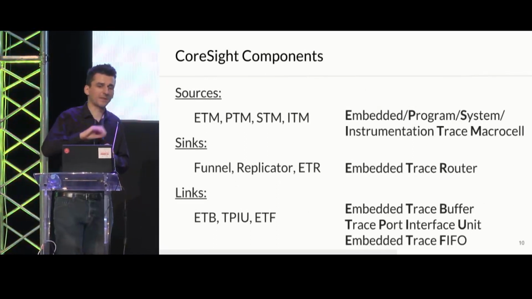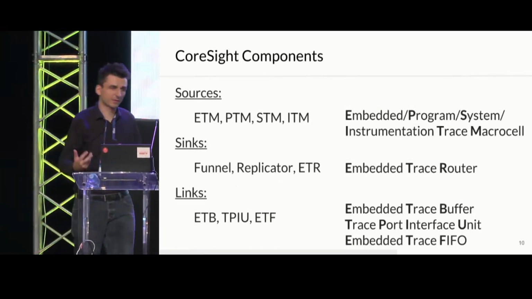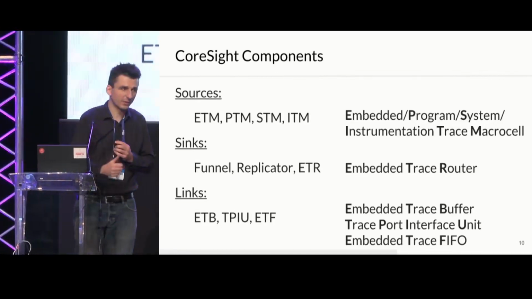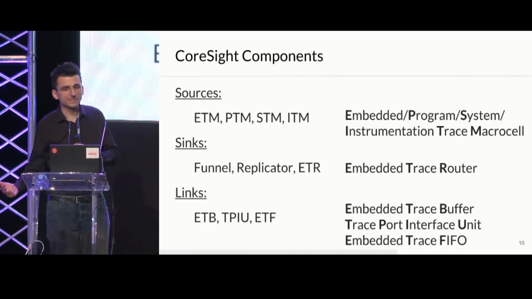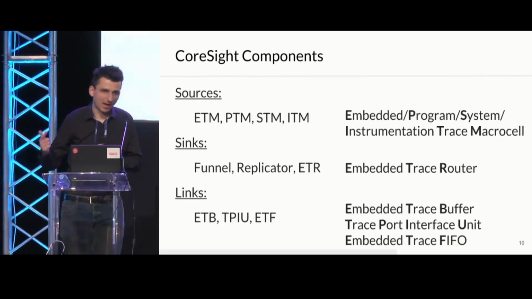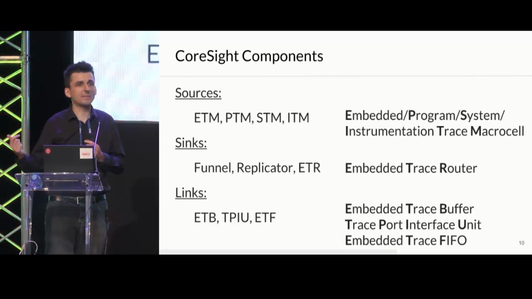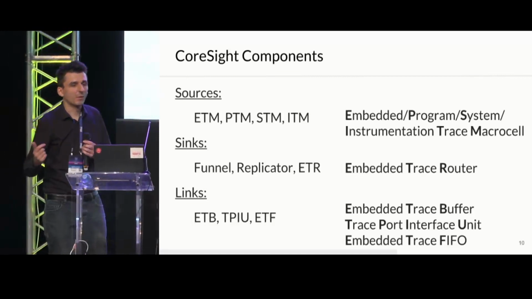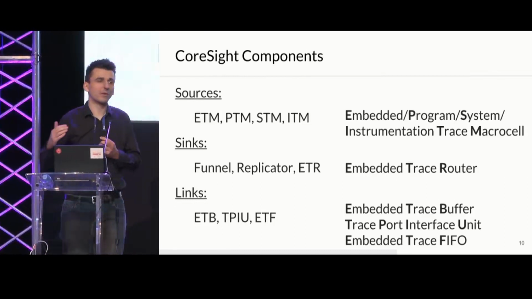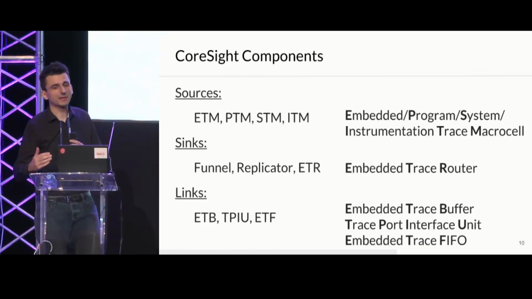So let's talk about the components that you can have. There are three different kinds of components in a CoreSight design: sources, sinks, and links. The sources that we care about are ETM and PTM, which are basically the same thing by a different name. These are Embedded Trace Macrocells or Program Trace Macrocells.